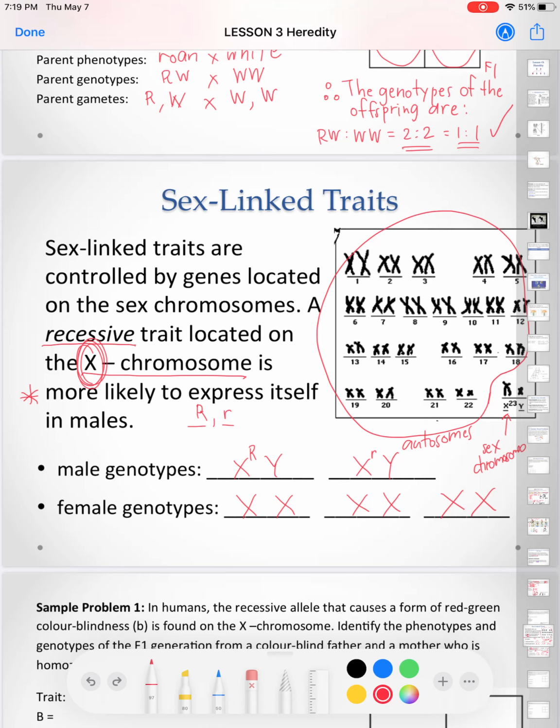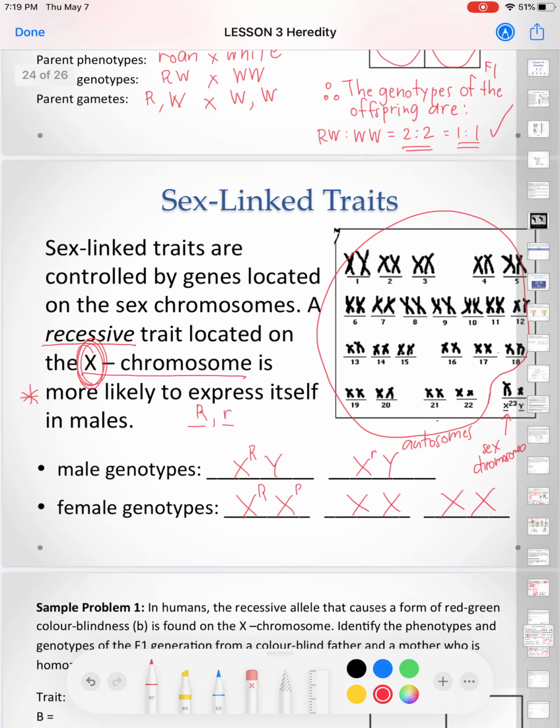It's an X-linked trait. So we can see that males have a 50% chance of having the dominant allele or a 50% chance of having the recessive allele. But for females, because we have two X chromosomes, there are going to be three possible combinations of dominant and recessive, just like we've seen.